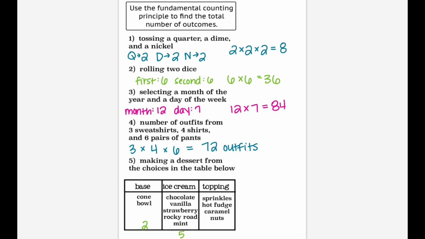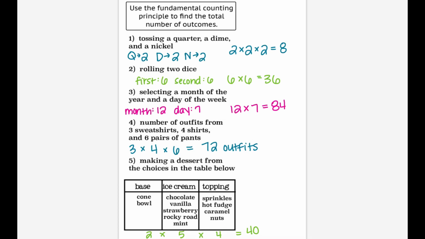Then do you want sprinkles, hot fudge, caramel, or nuts? That's a total of 4 options. So 2 times 5 times 4 is a total of 40 possible combinations of your ice cream.